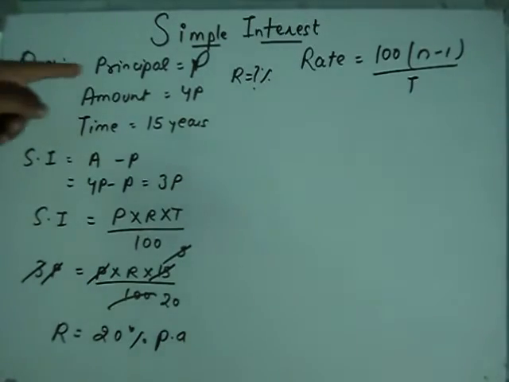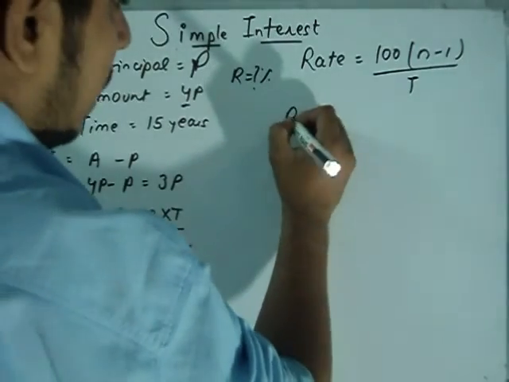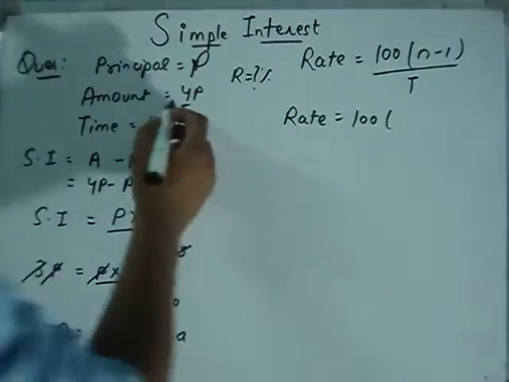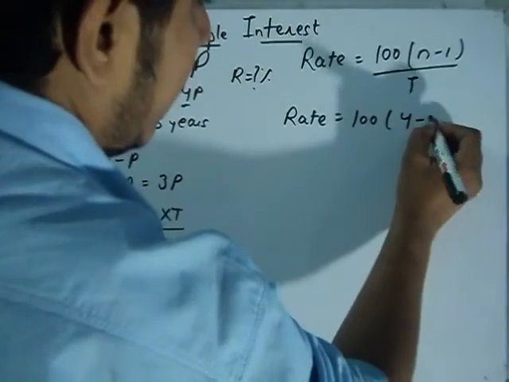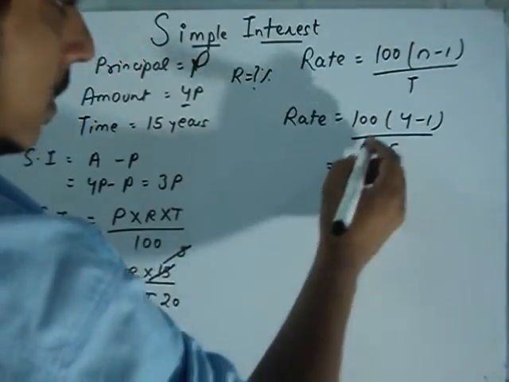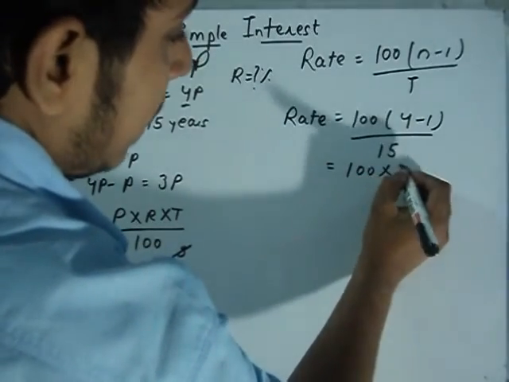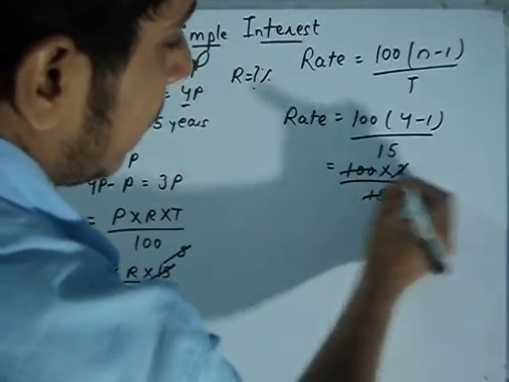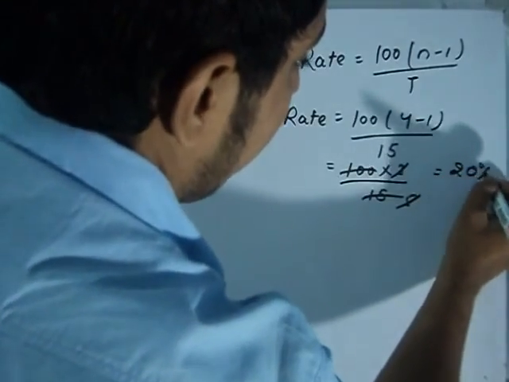Like here we have principal P and the amount will become 4 times, so n is 4, the multiplied value. Substituting this value to calculate the rate: 100 into (4 minus 1) divided by 15, where time is 15 years. So we get 5, and here we get 20% as our answer.